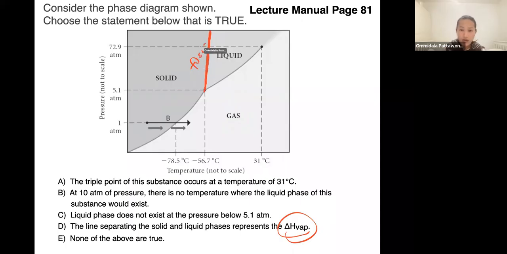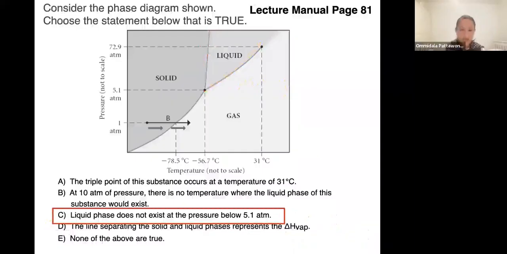So the heat involved with this is the delta H of fusion, not delta H of evaporation. The delta H of evaporation occurs between liquid and gas. So this one right here would be delta H of evaporation. So D is false, and the correct answer is C.